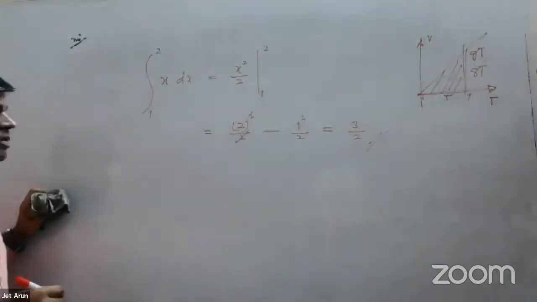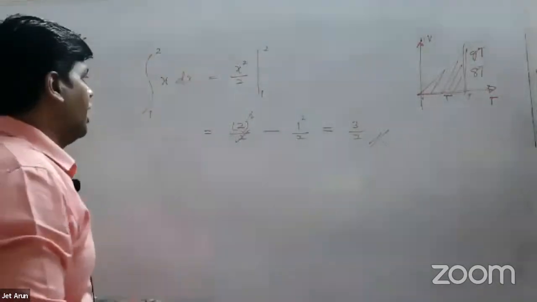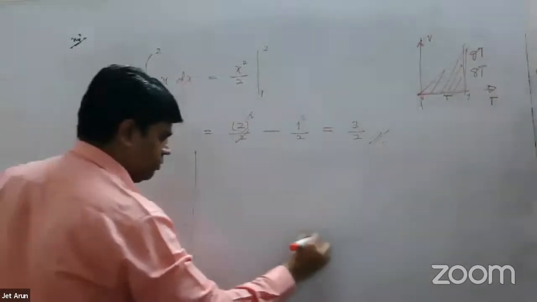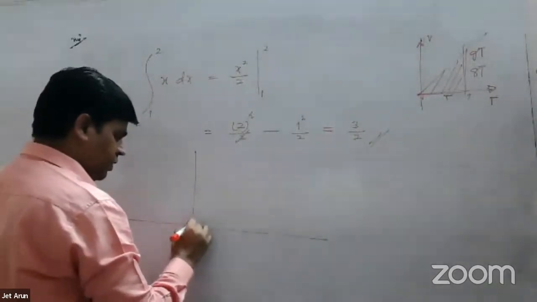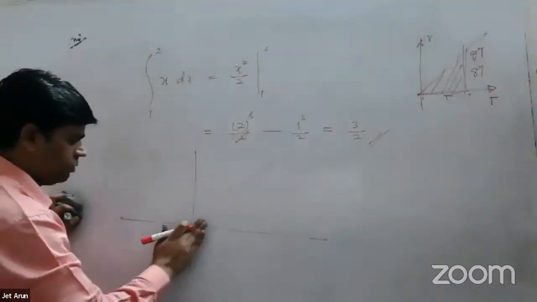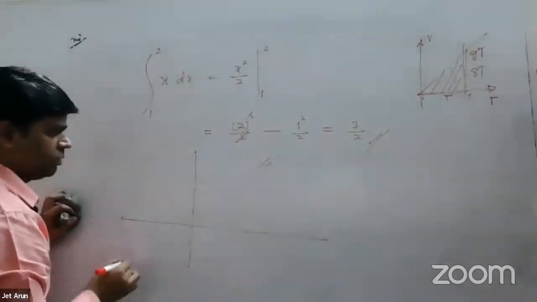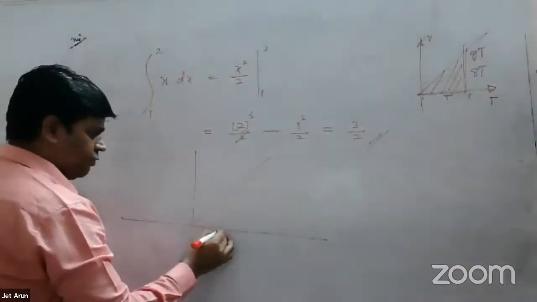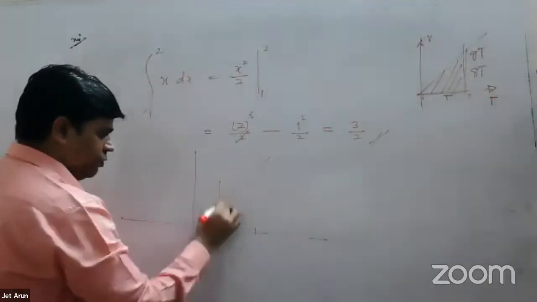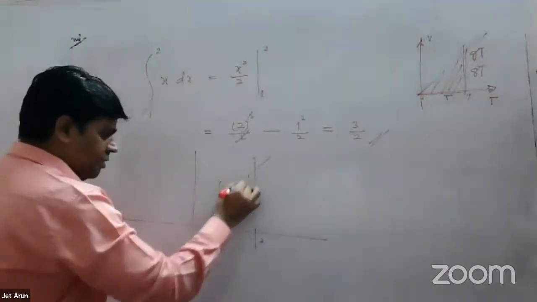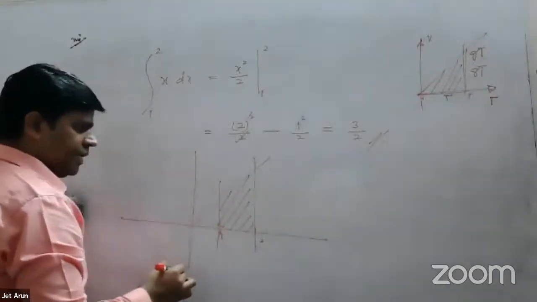All right. Now let us look at one thing. I'll plot y is equal to x graph. When I plot y is equal to x graph, I'm integrating it from 1 to 2. Let me find out this area and let's see what we are getting.